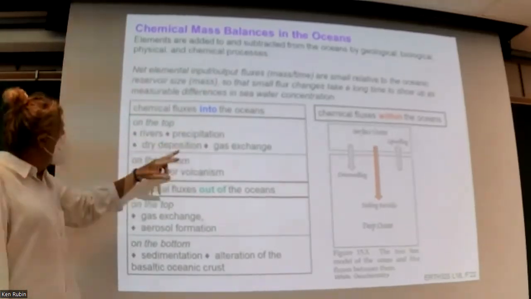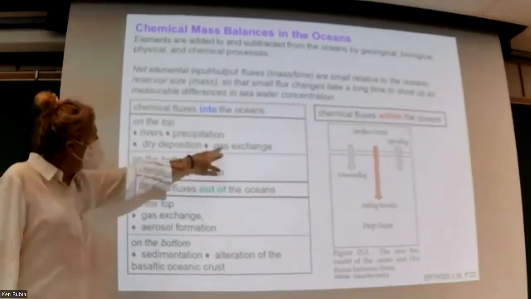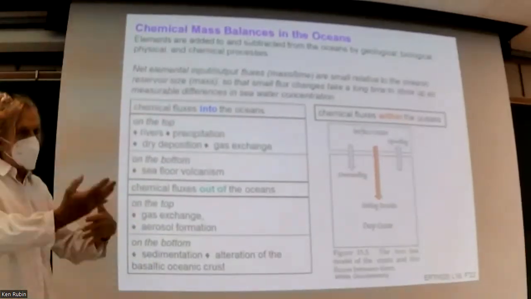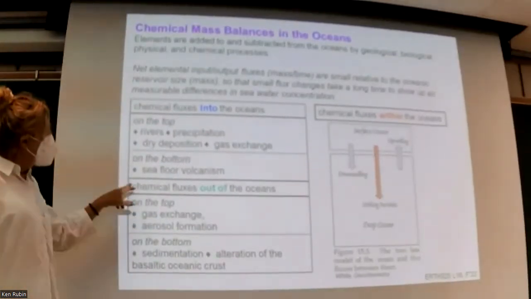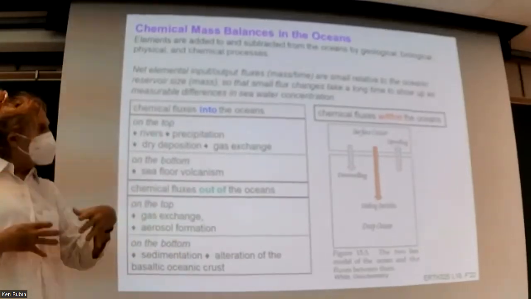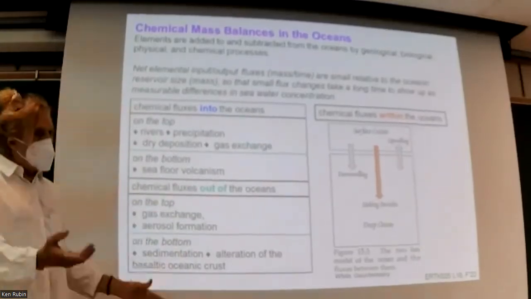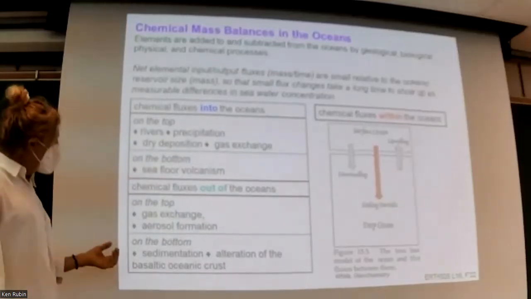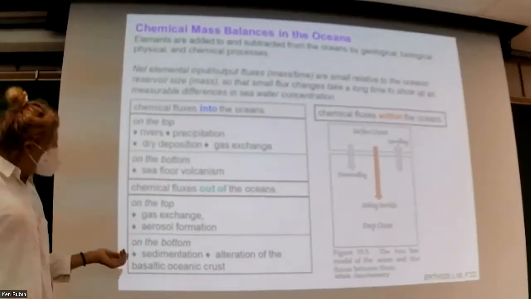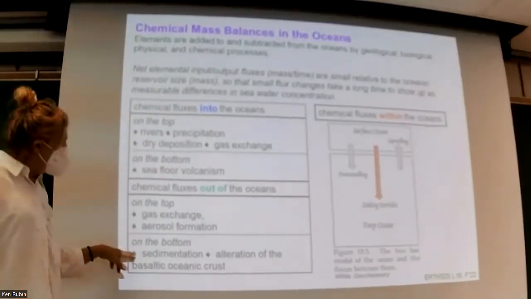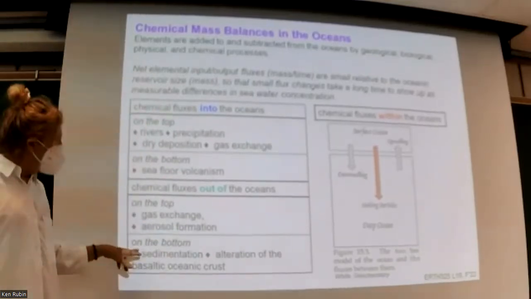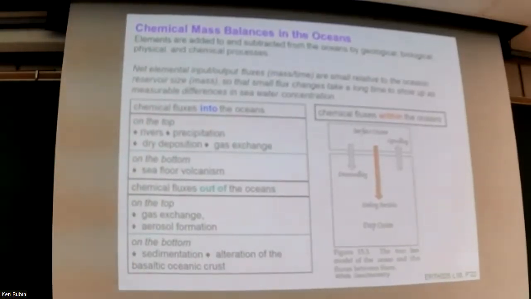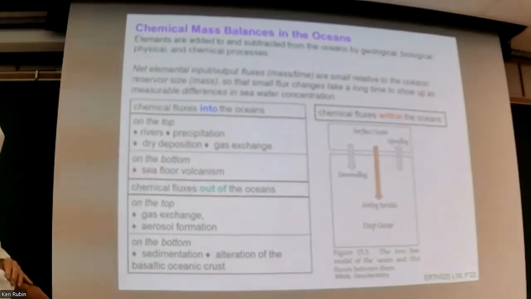Rivers, precipitation, dry deposition of particles, gas exchange, and stuff that happens on the bottom, which is primarily seafloor volcanism, interaction of water with the crust. Then we've got chemical fluxes of things out of seawater. They include gas exchanges happening at the surface, formation of aerosols and particulates that, for instance, form marine rain, and sedimentation, which accumulates at the bottom of the ocean, and alteration of the basaltic oceanic crust. There are some other ones as well, but these are the main ones, right?